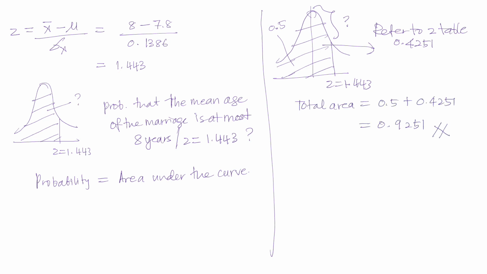So the value of the area given is 0.4251. So the total area enclosed from the left up to z equal to 1.443 is 0.5 plus 0.4251, that is equal to 0.9251. So that answers the question of this problem.